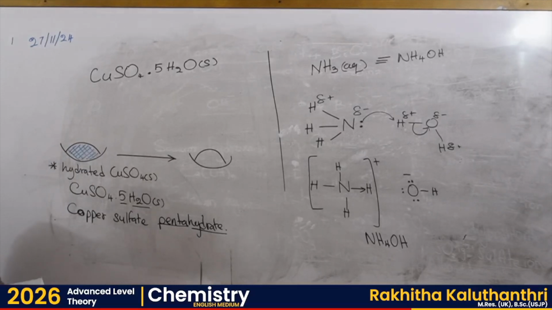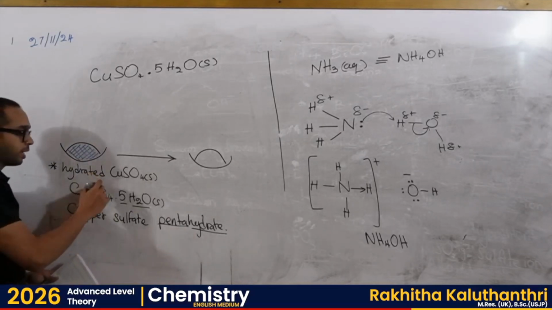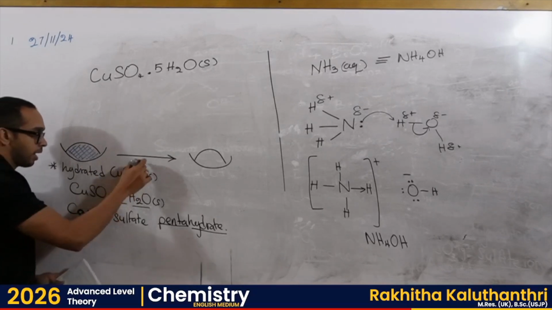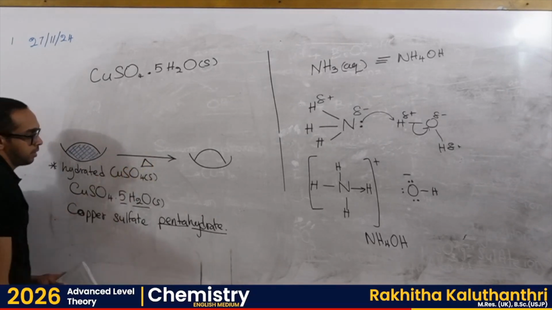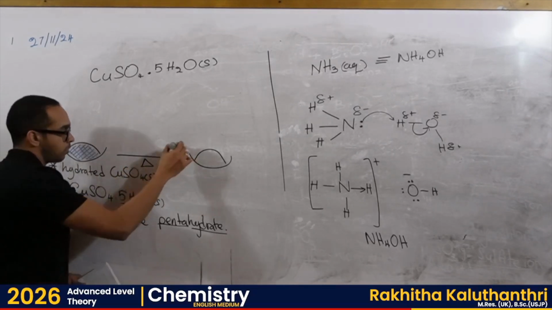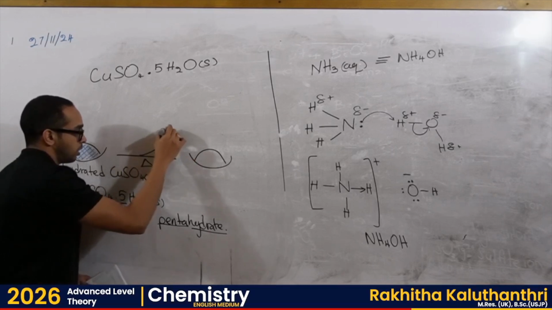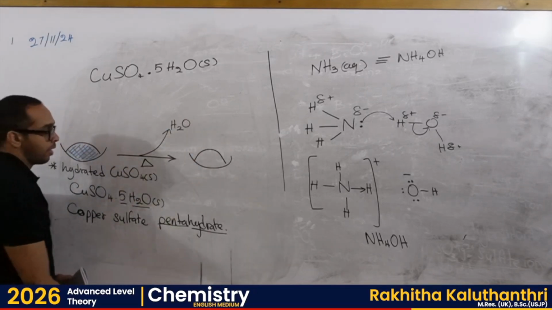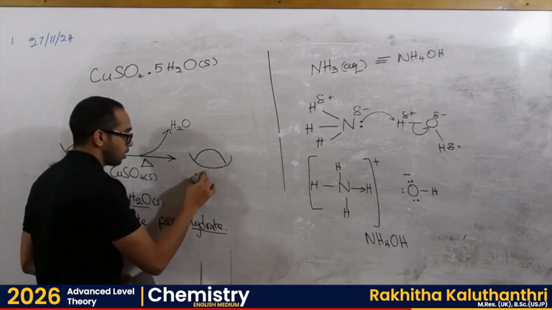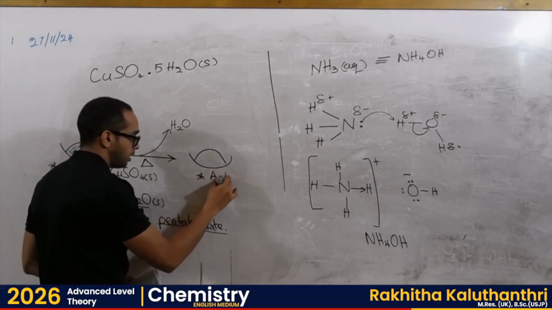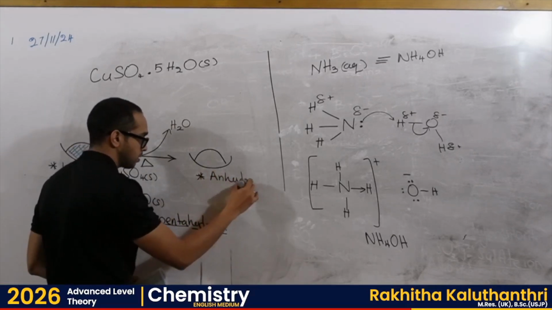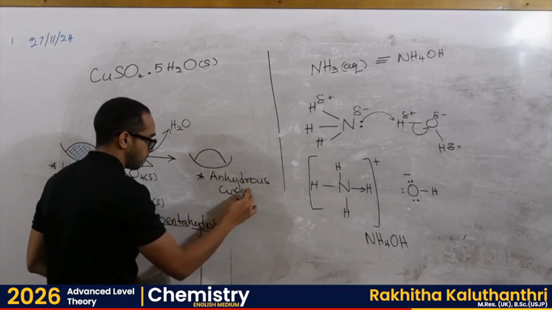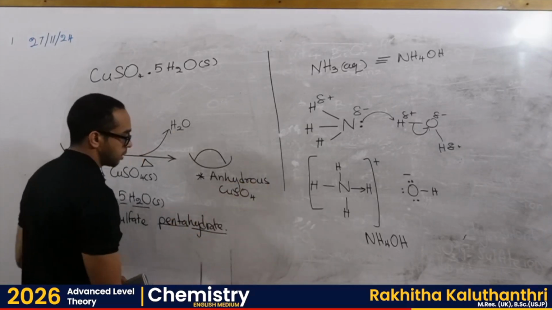Now if you take this copper sulfate pentahydrate and heat it, all of the water gets removed, it evaporates, and then they form what is known as anhydrous copper sulfate.